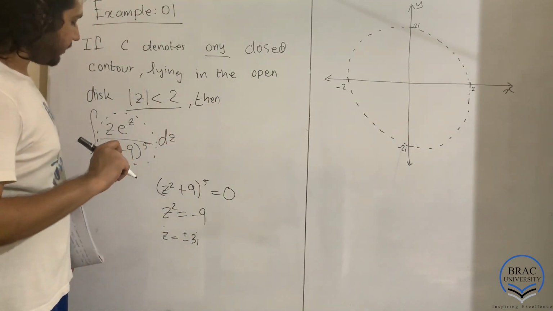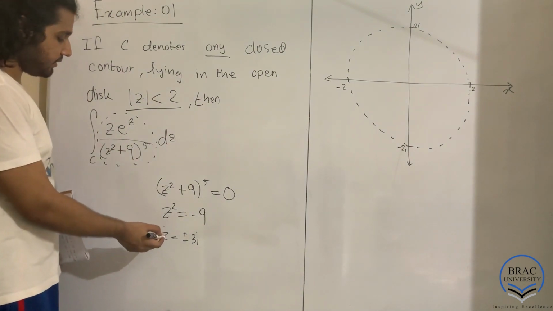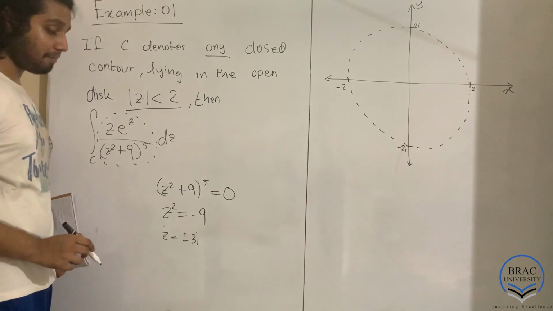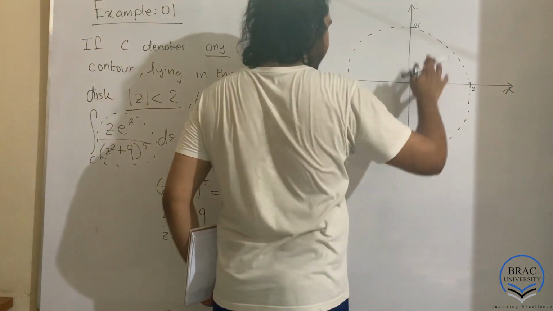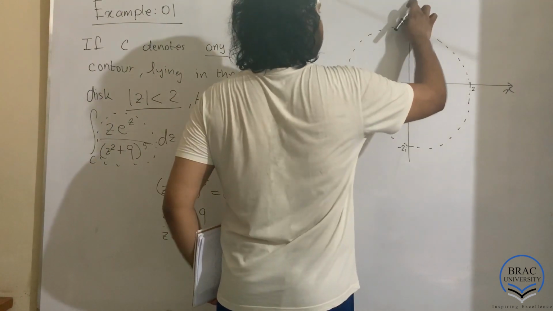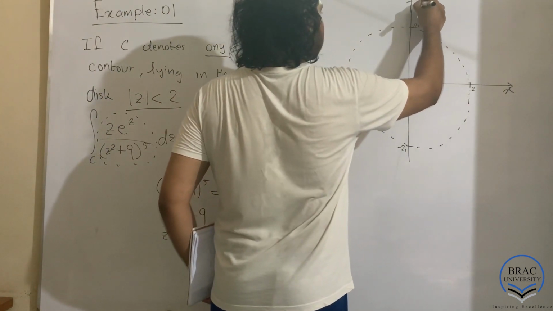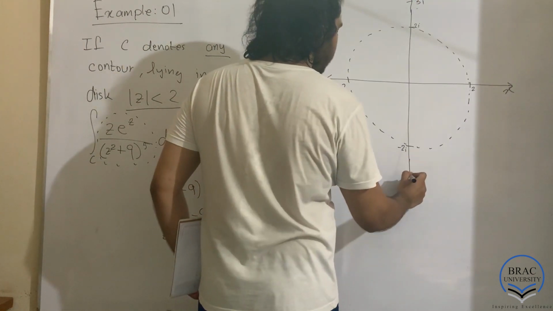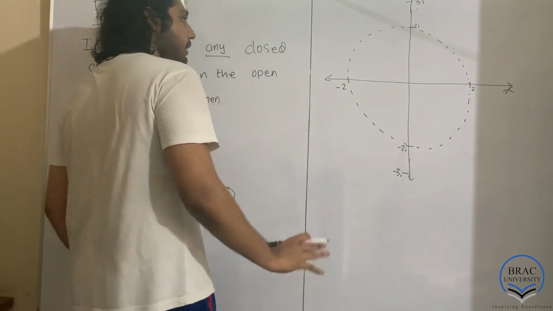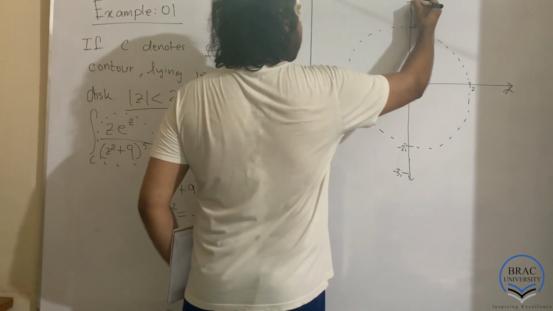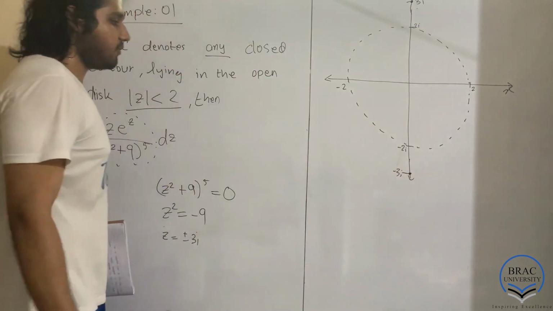But herein lies the beauty of this problem. The discontinuities of this function occur at plus minus 3i. If I extend this plane, plus minus 3i are points here, outside of our domain.